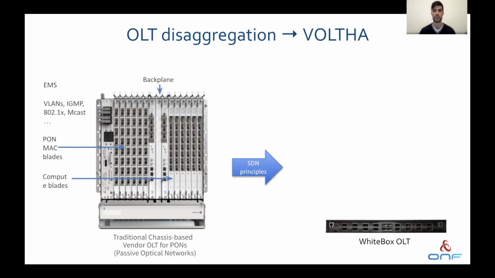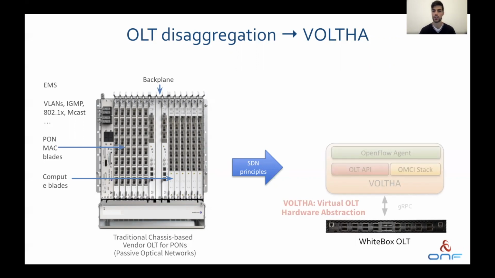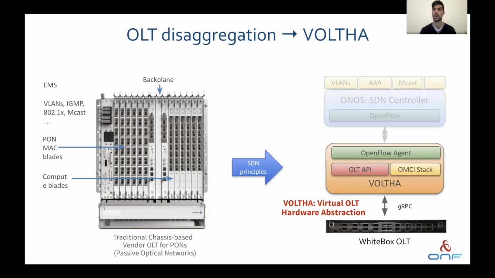This is just plain hardware, on top of which we deploy, in Kubernetes running on servers on the premises of the service provider, VOLTHA, which is comprised of several microservices, and we'll talk about that later. It controls both the OLT and the ONUs via an OMCI stack. On top of this, we deploy the SDN controller with several applications that control VLAN tagging, AAA, multicast, PPPoE, etc., and the two communicate via OpenFlow.